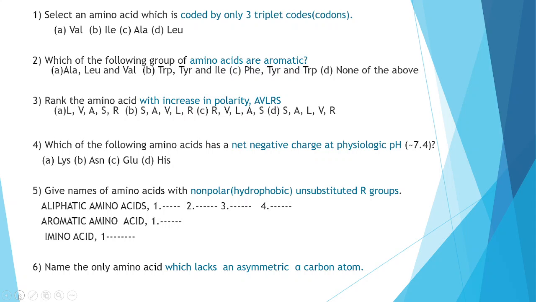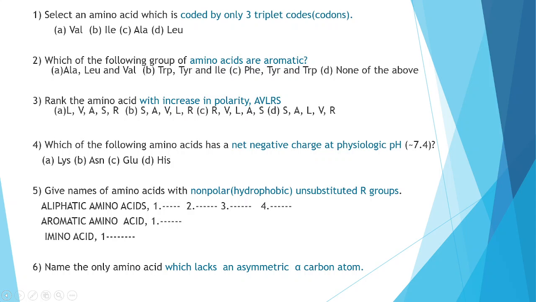So around 7.4, few amino acids have net negative charge. So find out that.